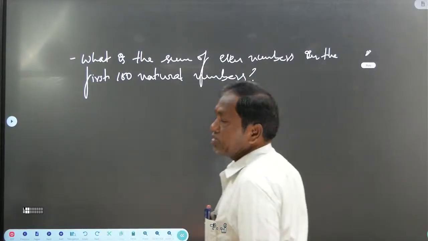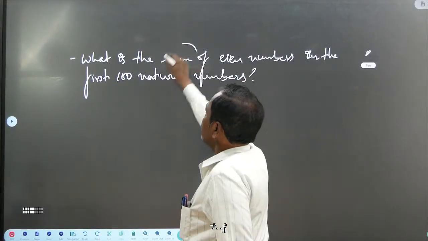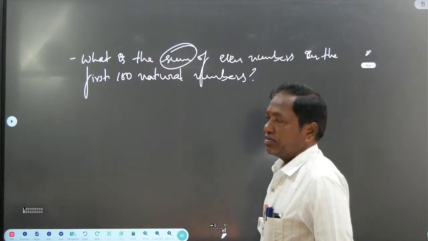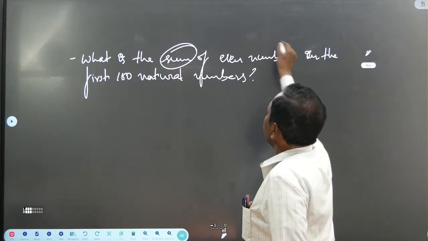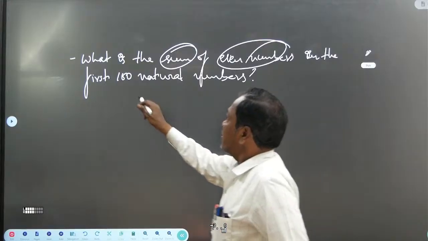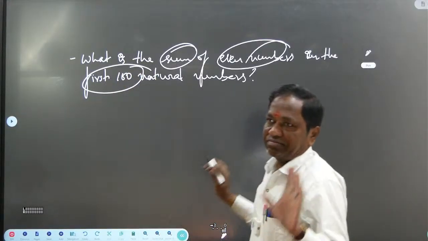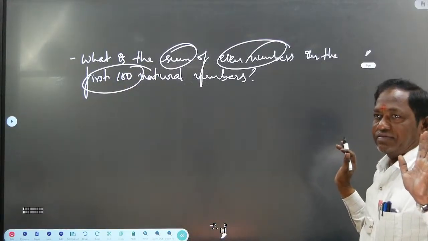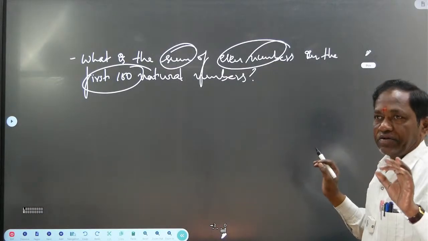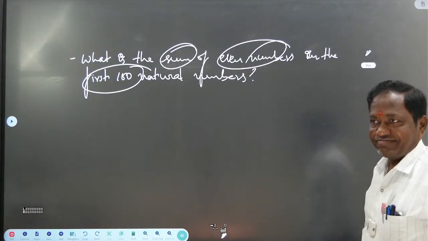Right, sum. See, you have to underline this word, sum. Even numbers, first 100 natural numbers. That's what you have to underline. Then you start solving.